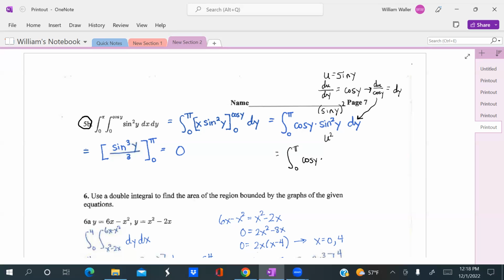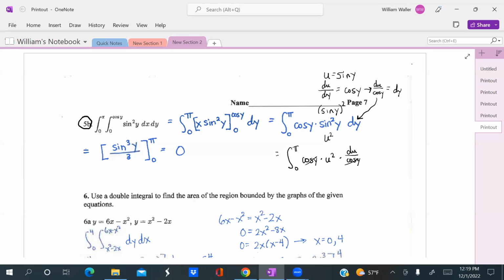Cosine of y times, remember, we're going to let u be sine of y, so this is just u squared times, and then dy is du over cosine of y, right? And now, fortunately, the cosines divide out. So we do end up with an integrand that just involves the variable u, correct? We just have this very simple integrand u squared du.